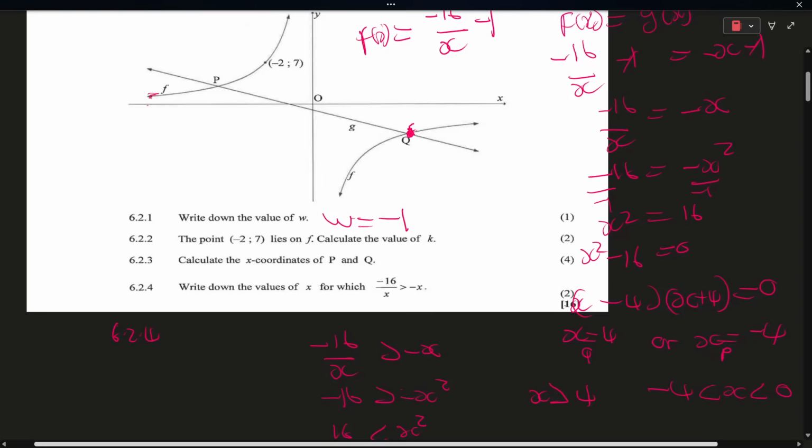We know that Q and P are the intersections. The graph of f(x) is on top starting from P up until 0. Even starting from Q, going this side, the graph of f(x) is on top. So these are my answers.